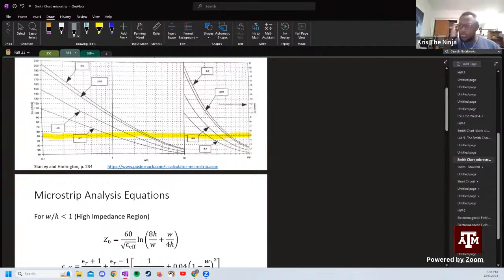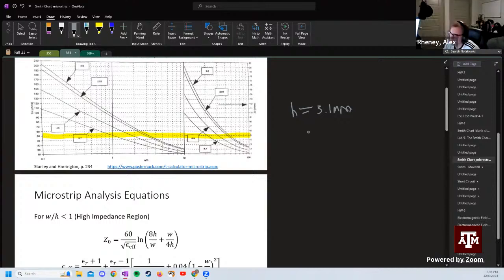Or H was 3.1 millimeters. So this is where we go for H is 1.